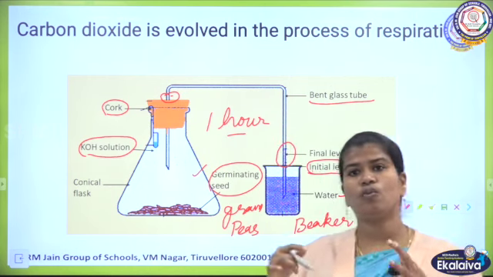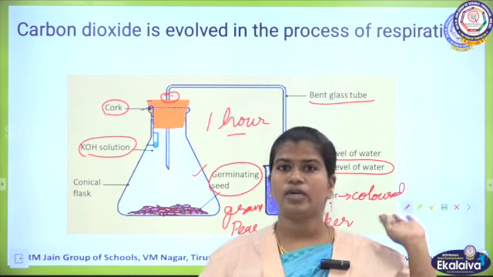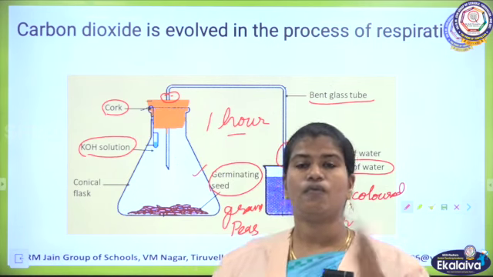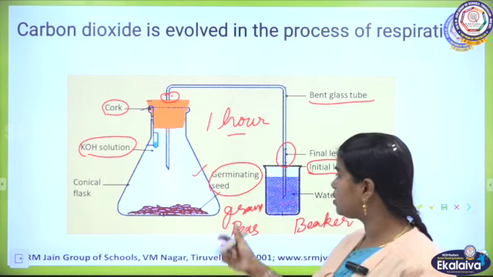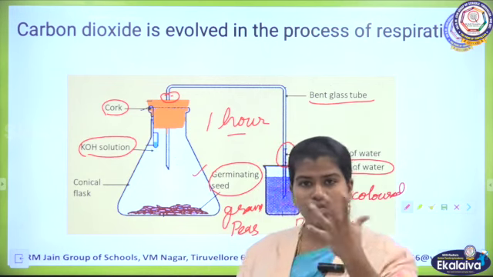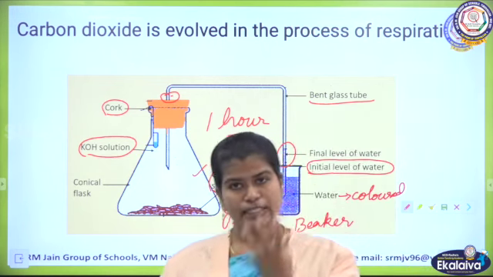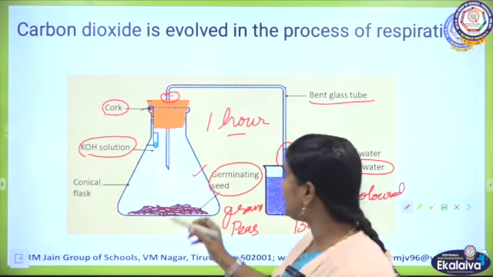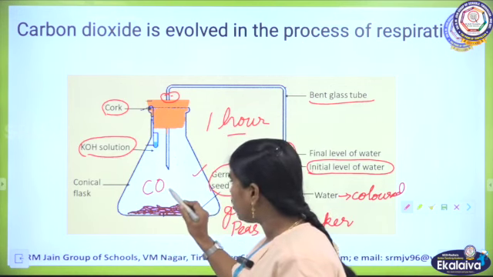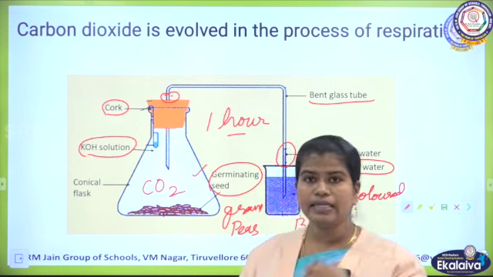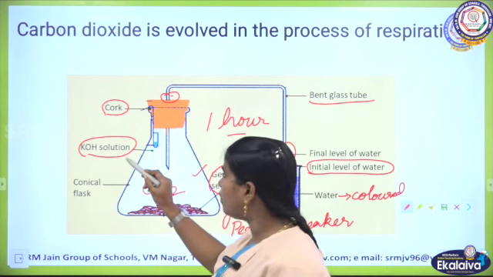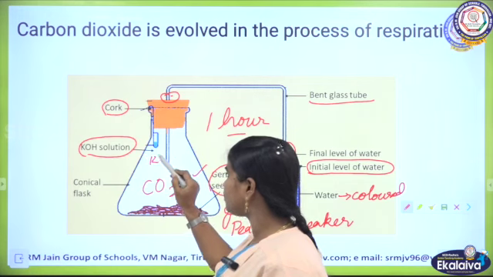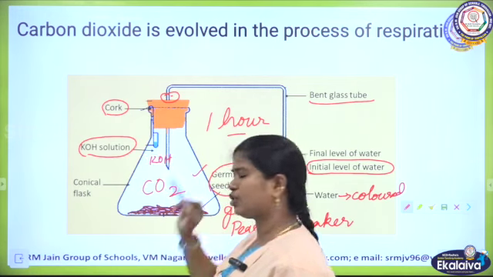So what is the reason over here? Why has the water level increased? Because germinating seeds will respire. During respiration, they will release carbon dioxide. When they release the carbon dioxide, it will be absorbed by the KOH, which is there in the test tube.